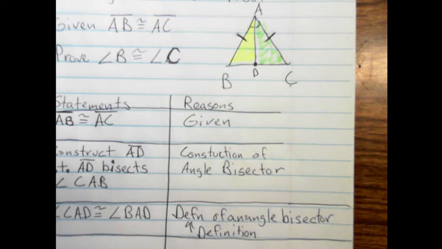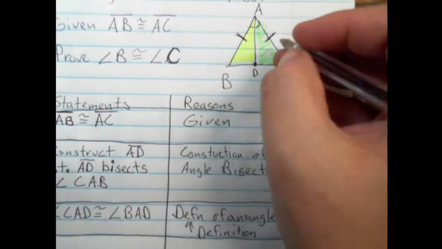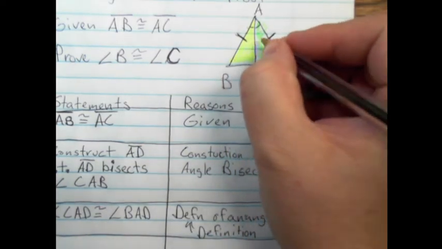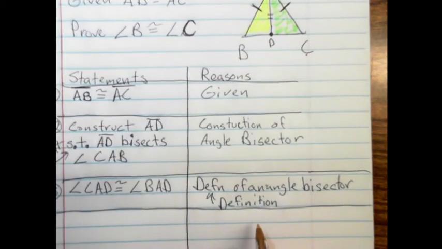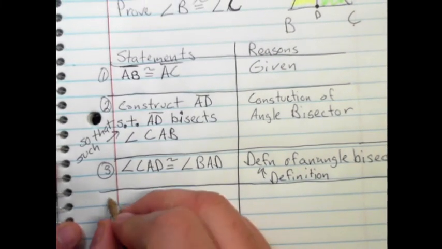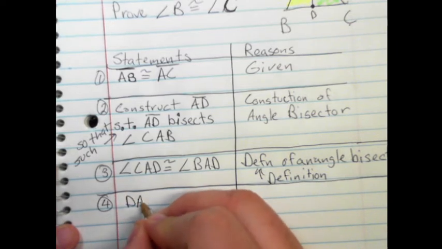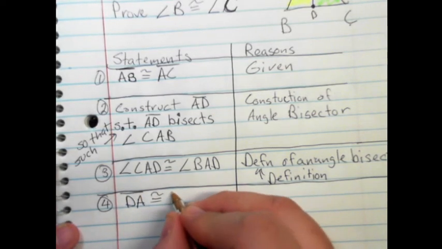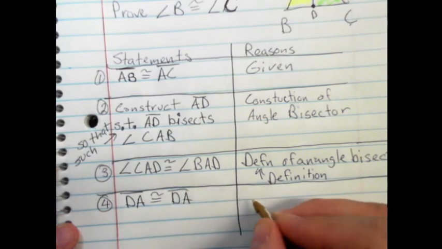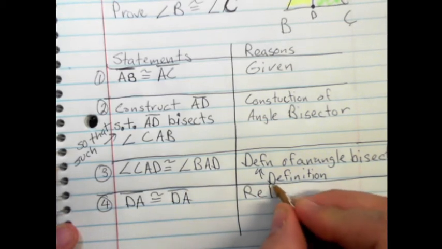The line AD. Yeah, so line AD is congruent to itself, isn't it? I'm going to call it DA though. So for step 4, I can say that line segment DA is congruent to line segment DA, and that's the reflexive property.